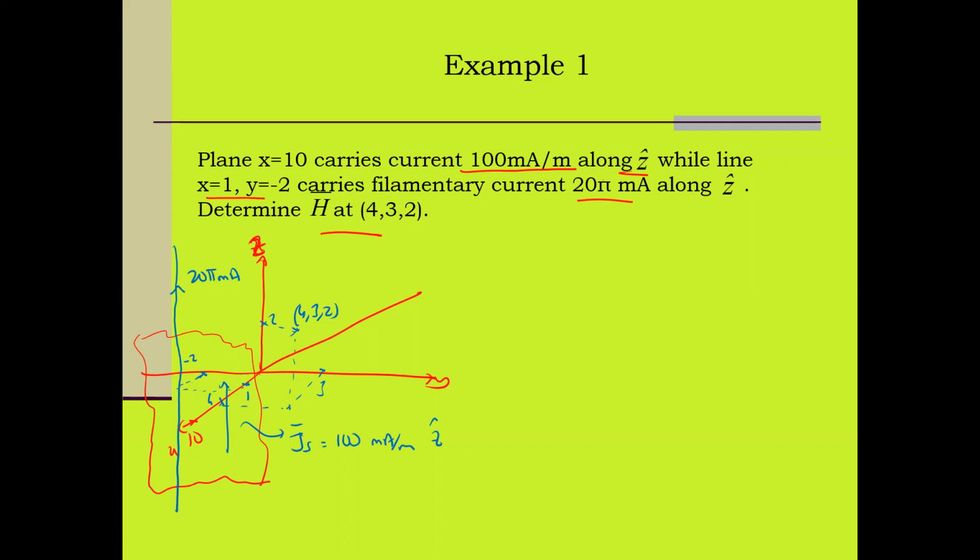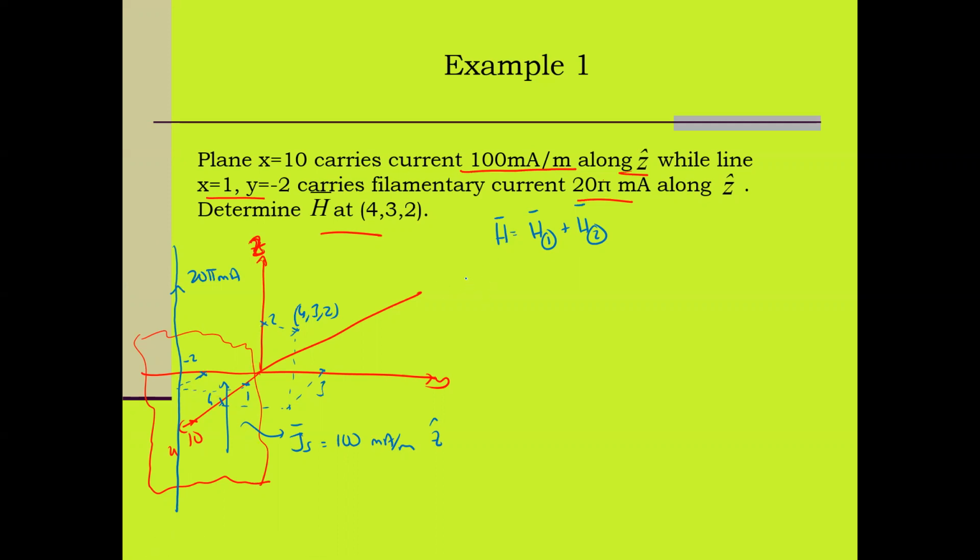For this particular case, the H field will be contributed by two different current distributions. We have H1 and H2, in which we assume that H1 is the H field intensity produced by the surface current, and H2 is the H field intensity produced by the filament current at the point (4, 3, 2).